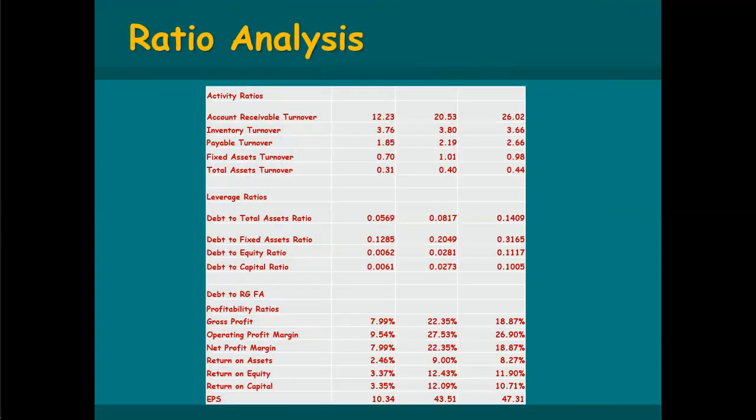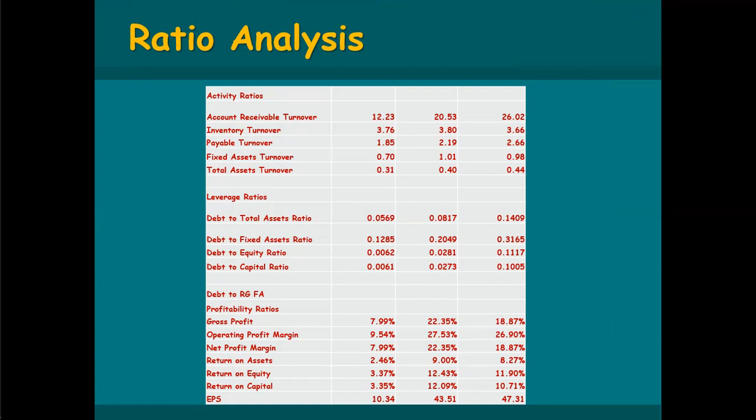Now here we have a short overview of the different ratios. Activity ratios: we are finding the increasing trend. Thereafter, inventory turnover is almost the same. Payable turnover has a slight change.